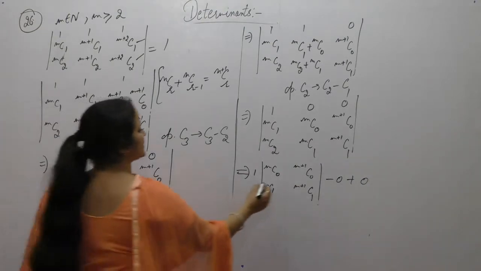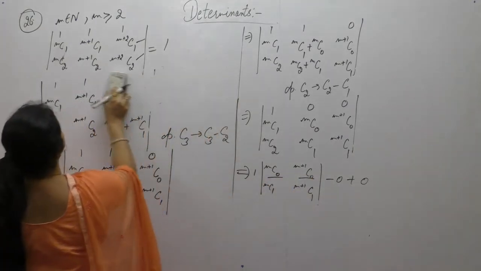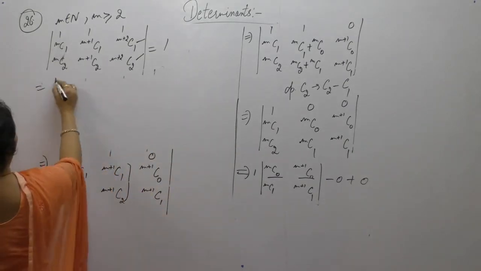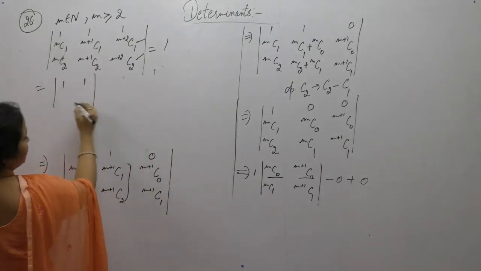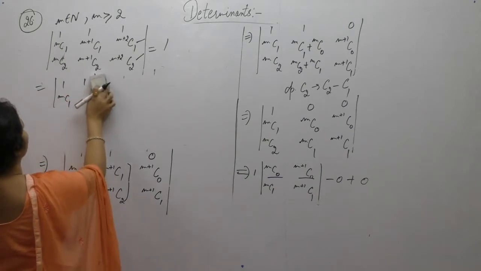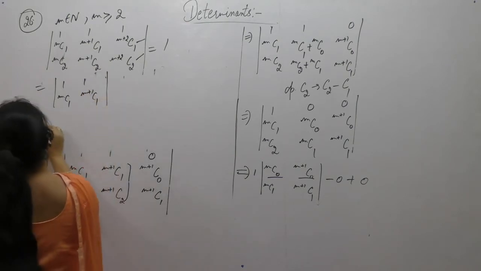Now mC0 and m plus 1 C0 has value 1. So put these values. 1, 1, mC1, m plus 1 C1, m plus 1 C1.